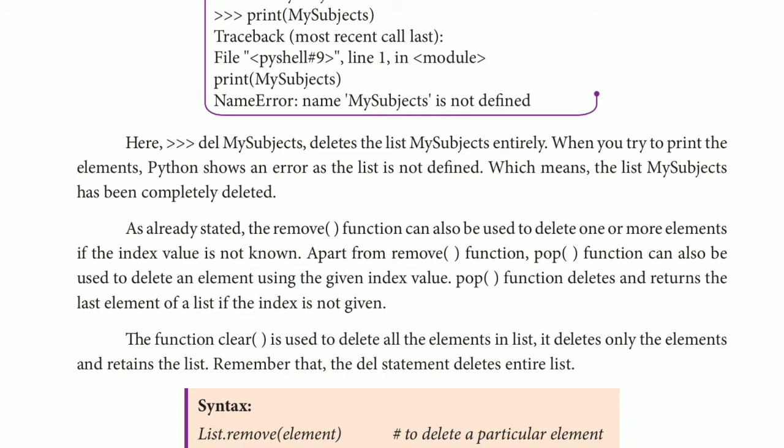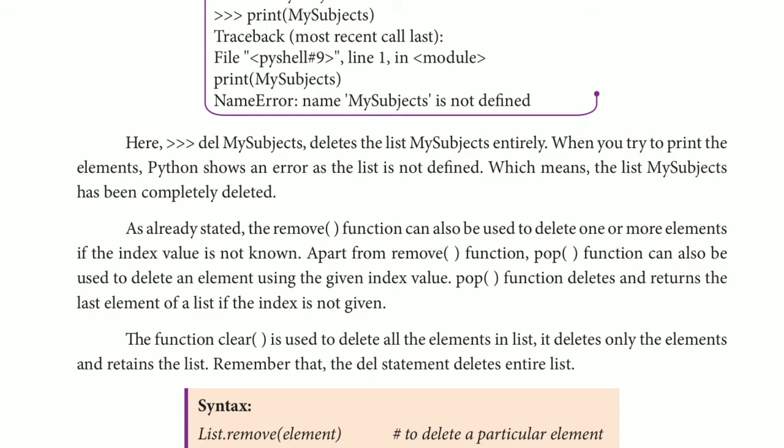So you can also use this remove function to delete the elements in the list. And another function, which is pop, can also be used to remove the elements from the list.